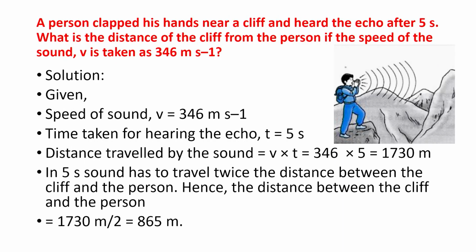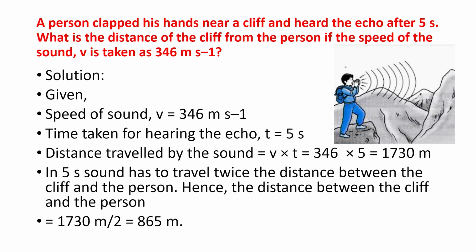So, the data is given: the speed of sound is 346 meters per second, and the time taken to hear an echo is 5 seconds. The distance travelled by the sound is equal to velocity of sound into time, d is equal to v into t. Multiply 346 by 5, you will get 1730 meters in 5 seconds.